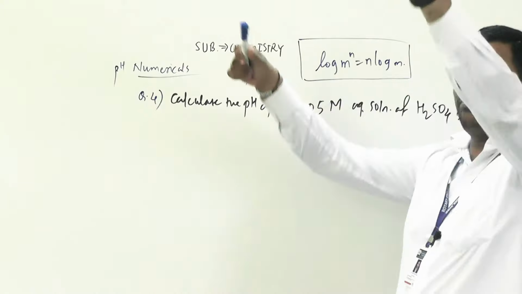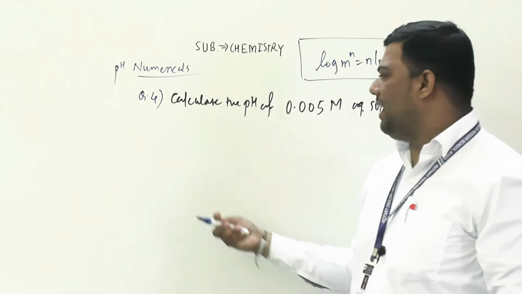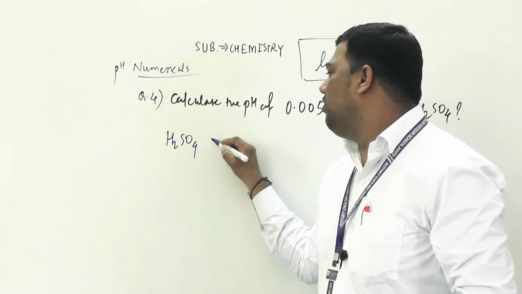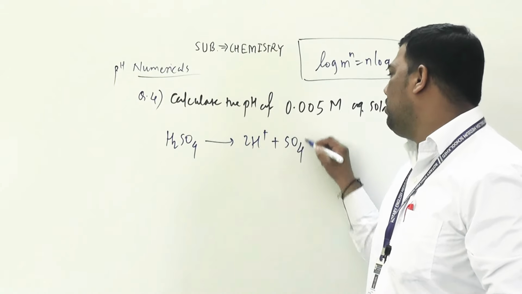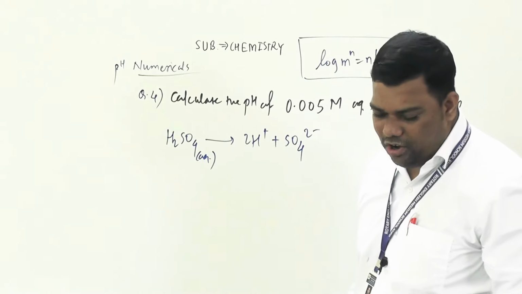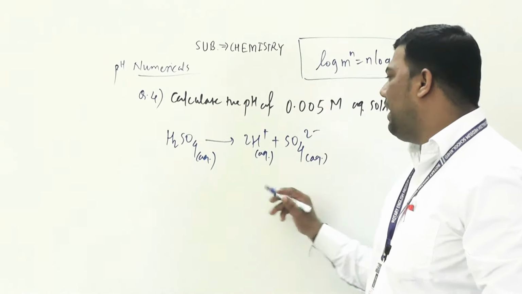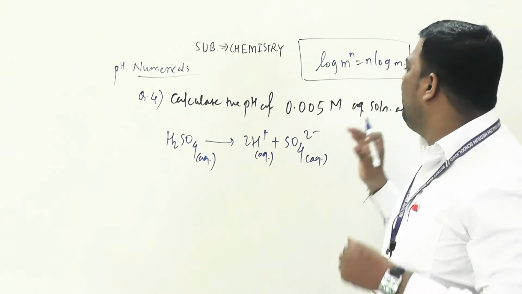Here you must know the breaking of your H2SO4. H2SO4 breaks into 2H plus and SO4 2 minus. Understood or not? So calculate the pH of 0.005.